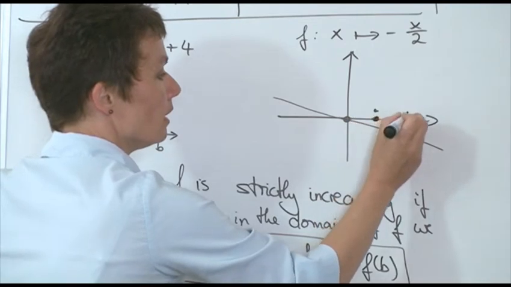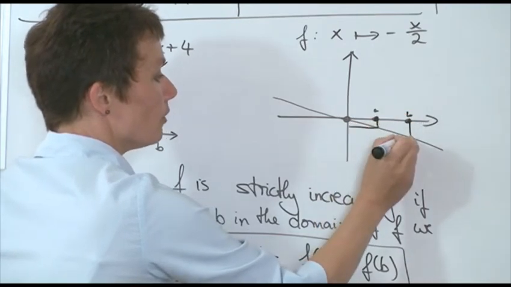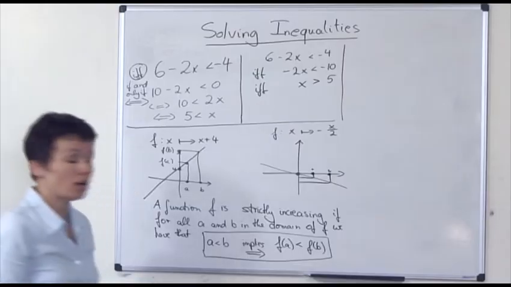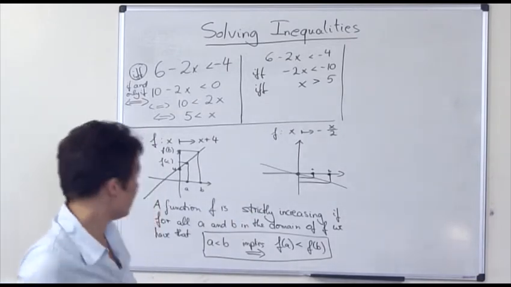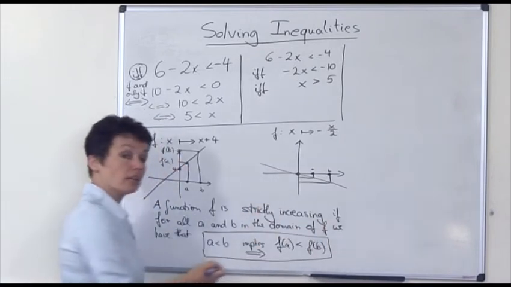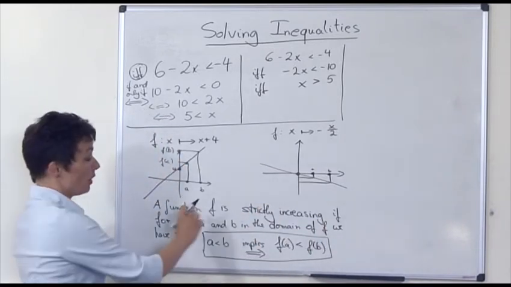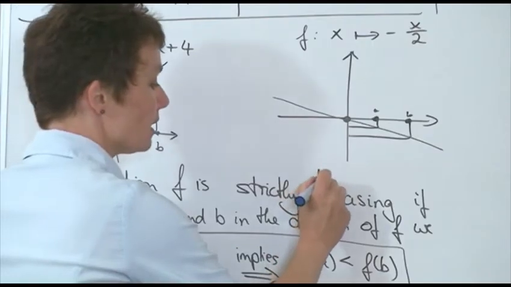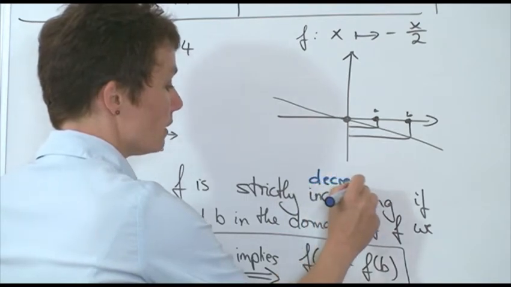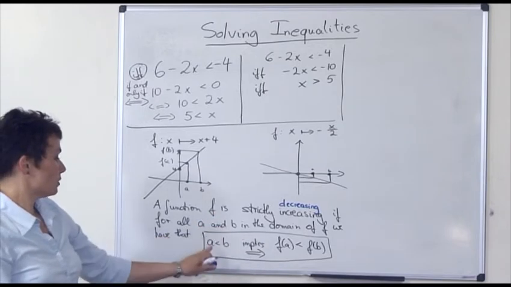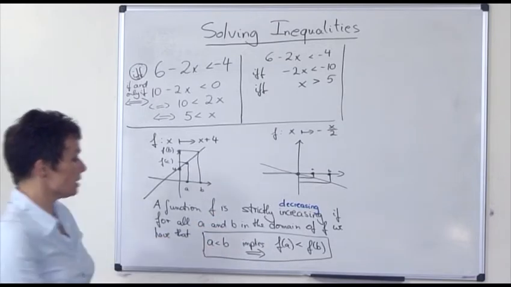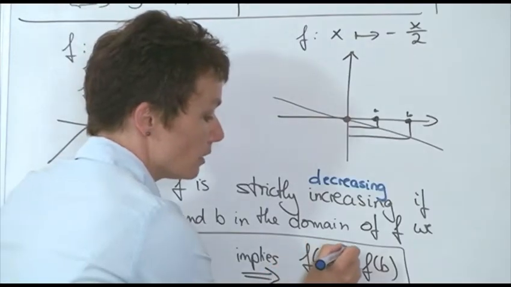If I have a and b here, f of a is now larger than f of b. So I can here also right away include the definition for f being strictly decreasing. So that means that if a is less than b, this implies that f of a is greater than f of b.